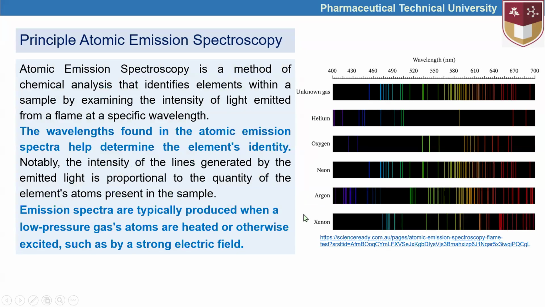And here we can see the emission spectrum of unknown gas as shown here. Based on the emission spectrum of different gases, we can find out about the presence of some atoms. For example, let's say we have the emission spectrum of unknown gas, and here we do not see any bands that belong to helium or argon.